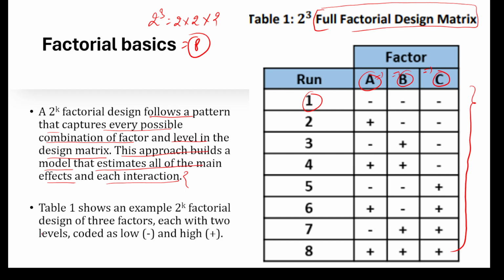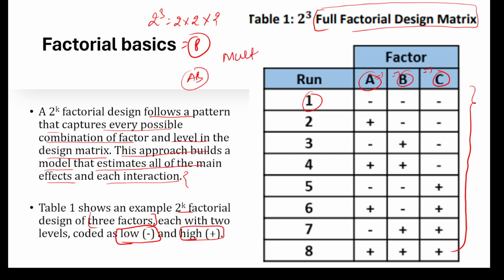Okay. So Table 1 here shows a 2^k factorial design of 3 factors with 2 levels, coded as low being the minus and high being the plus. So this is how we can get it. Here we have to follow a rule if you are doing AB. So what are the rules?